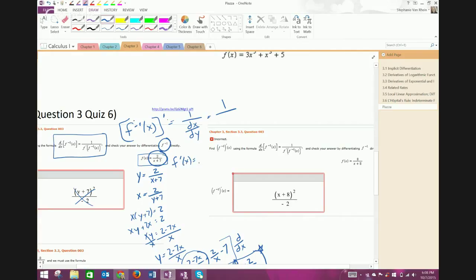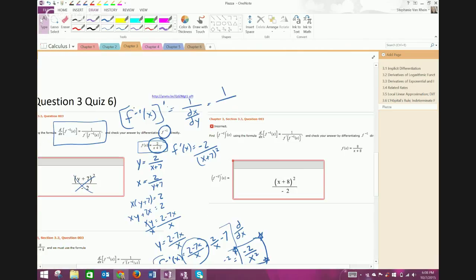So what is the derivative of this function? The derivative of the top is 0, minus the derivative of the bottom, which is 1, hold the top, which is 2, over x plus 7 squared. So this is saying I take the derivative of this function, but everywhere I have an x, I plug in the inverse function.